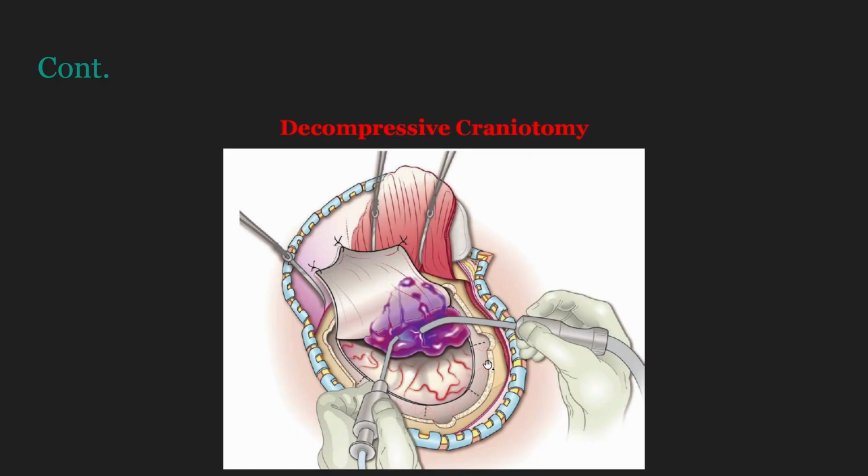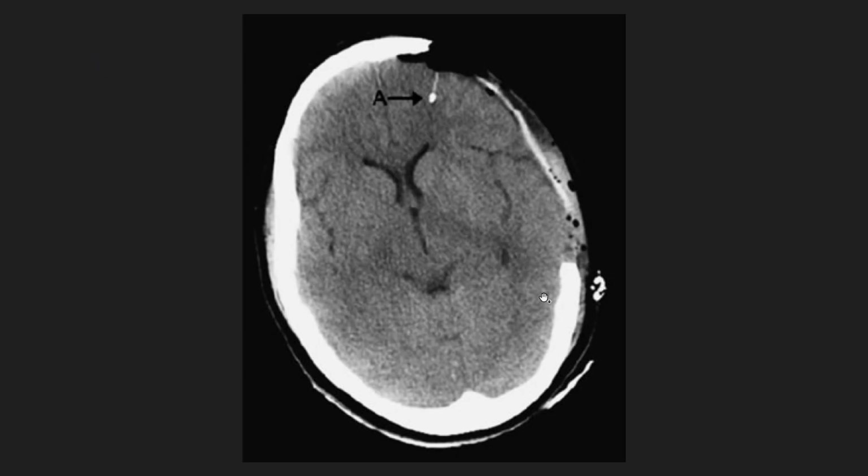So the bone of the patient will be left inside his abdomen, and this area will be left bare, with no bone, and the bone flap can be returned after like 3 to 6 months of the operation.